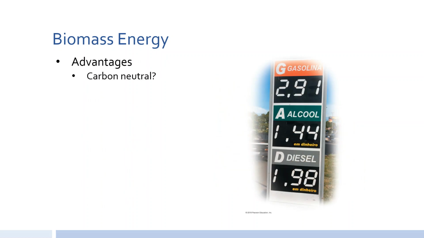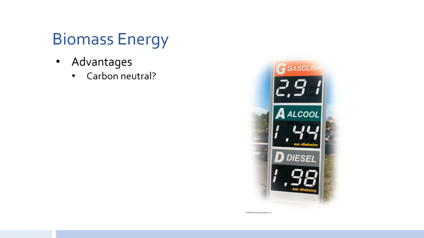Some of the advantages: your book says it's carbon neutral, and I put carbon neutral question mark. So the idea behind biomass energy being carbon neutral is basically that the plant, as it grew, captured carbon from the atmosphere. And so when you burn it, you're just releasing that carbon back out.